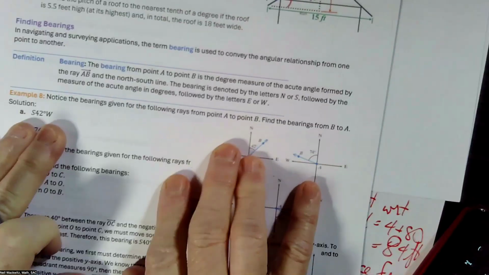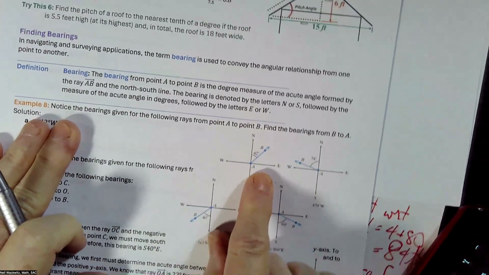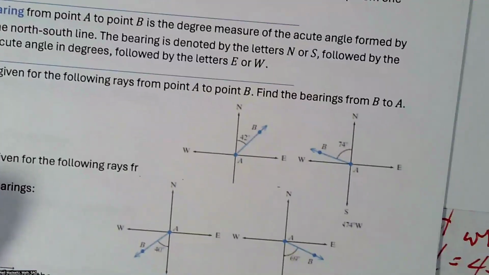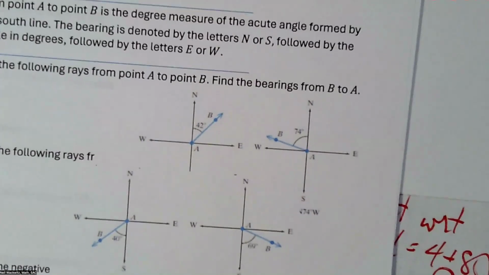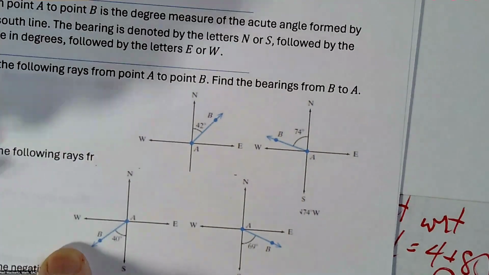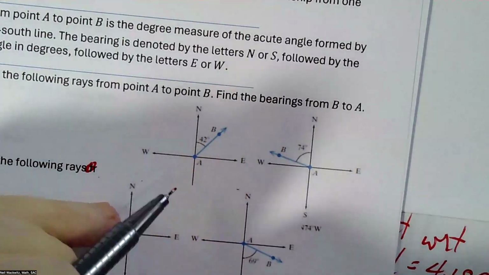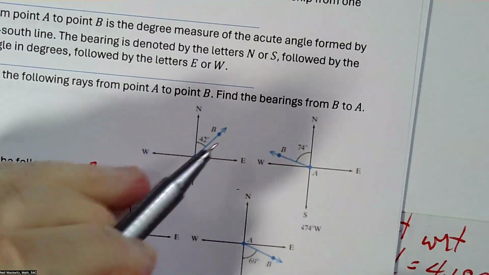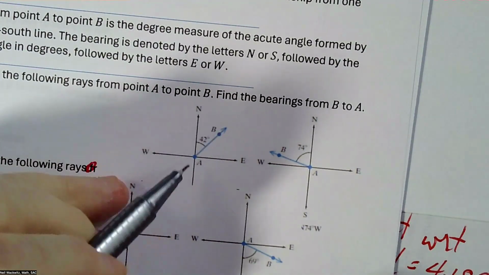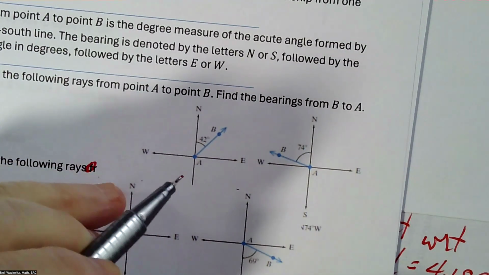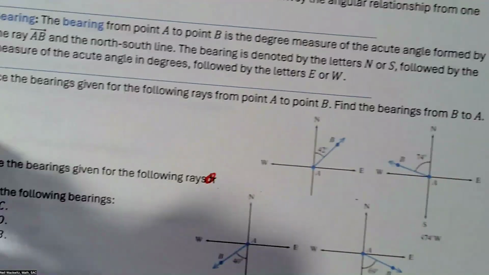So to find the bearing, if the angle between A and B and the vertical is 42 degrees, then the bearing is going to be 42 degrees.